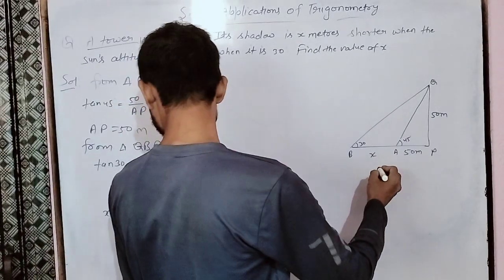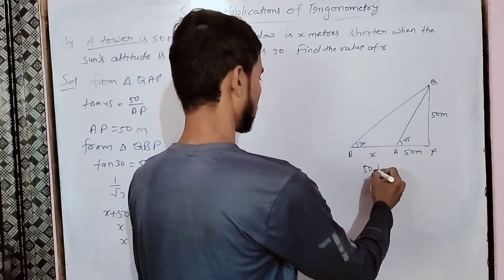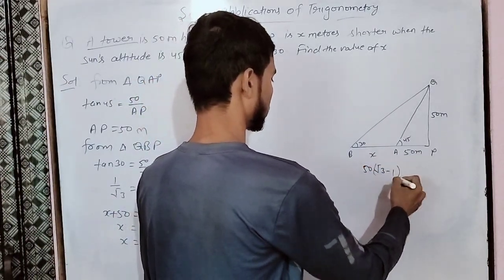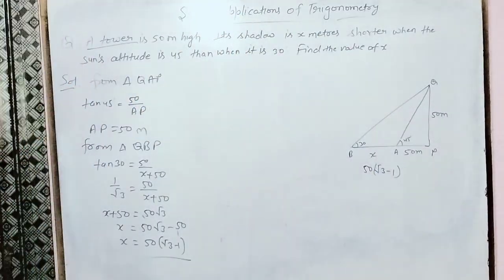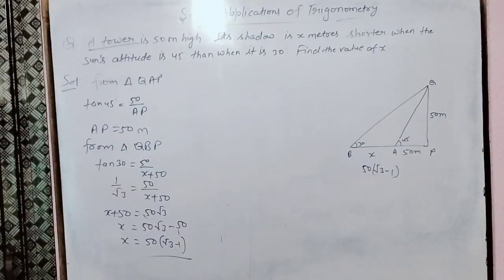We will take 50 as common: 50 times root 3 minus 1. So x is 50 times root 3 minus 1. You can check. So the answer is correct.